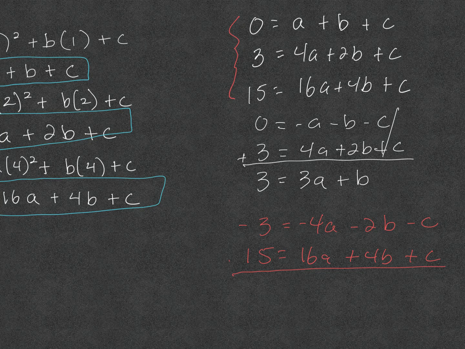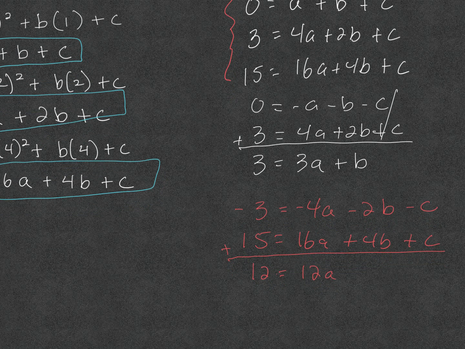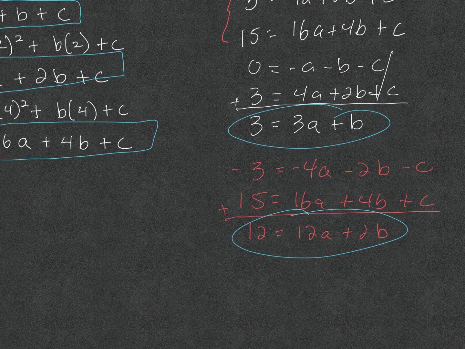I'm going to draw a line. I'm going to add. I'm going to get 12 is equal to 12A plus 2B. Great. Now we already have 2 equations, 2 unknowns.